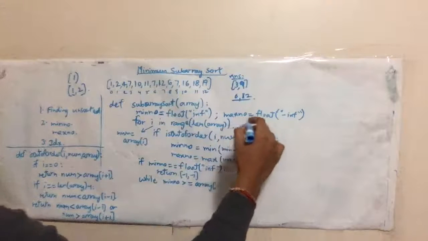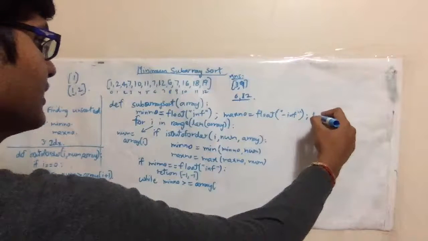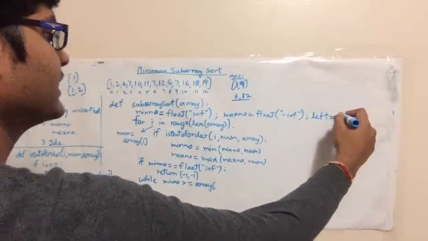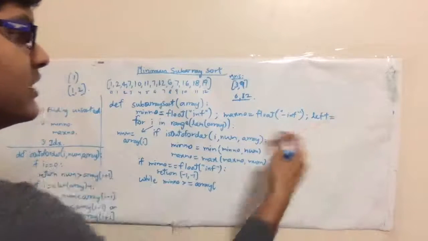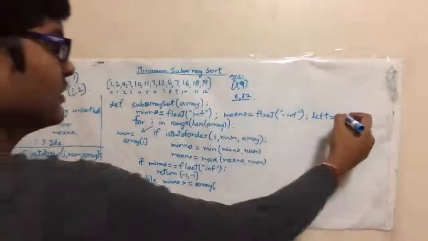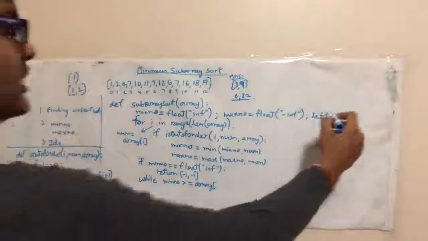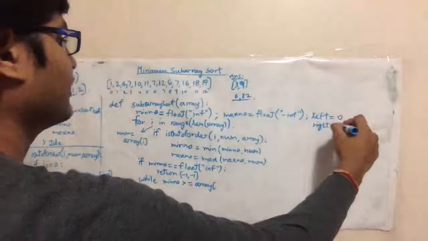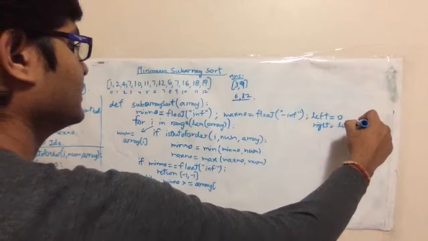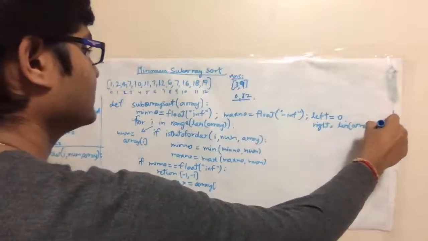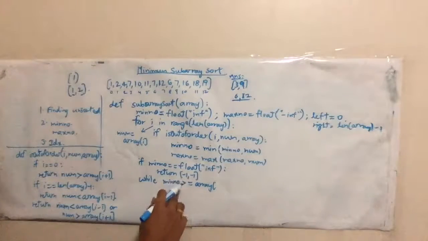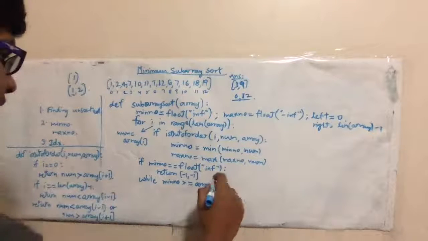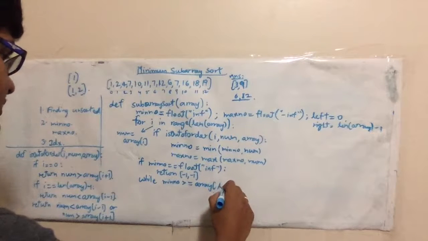So I need to declare those variables here. Left index is initially 0, and right index I will put as the end of the list, length of the array -1. So, minimum number greater than or equal to array of left.